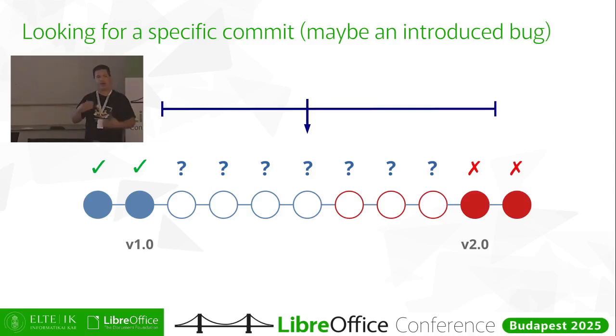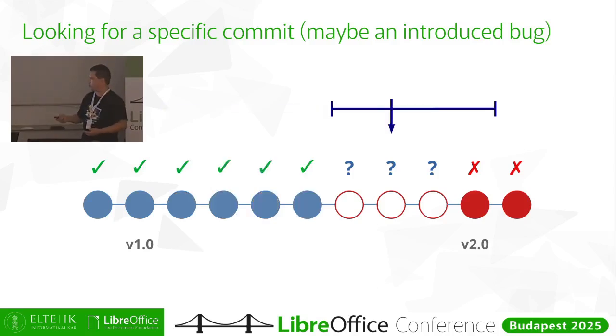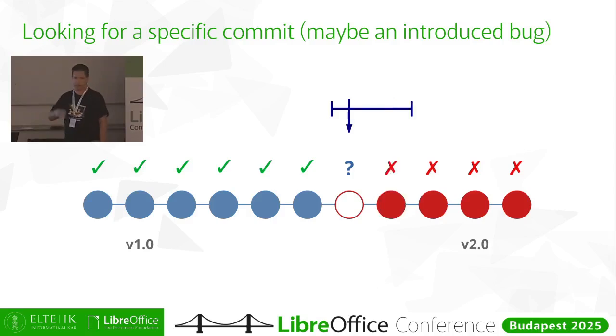We know we have not reached the point in which the change was introduced, so we can safely assume that if we haven't reached that point, everything before is good. We're going to test the next one. I didn't mention it, but the idea is to put ourselves in an intermediate commit. We're going to repeat the operation, once again in an intermediate commit. This one is going to be bad. We have one left to go, and we found it.